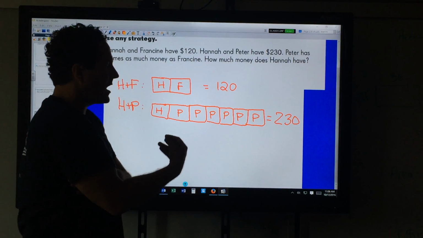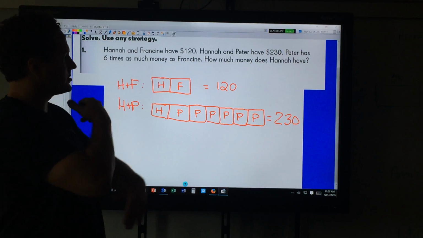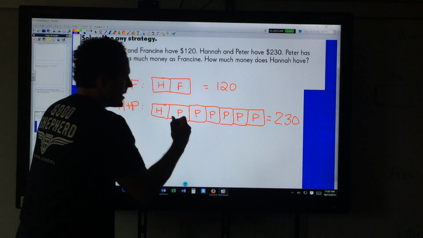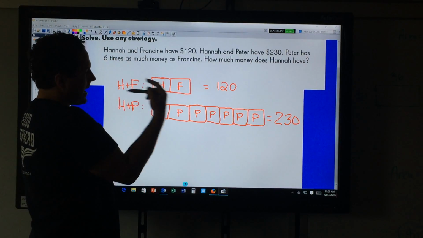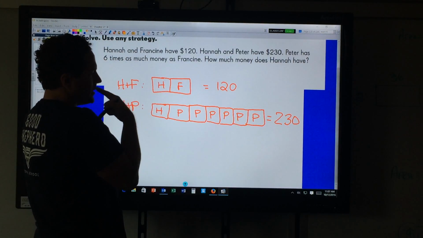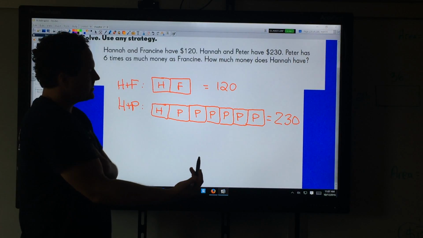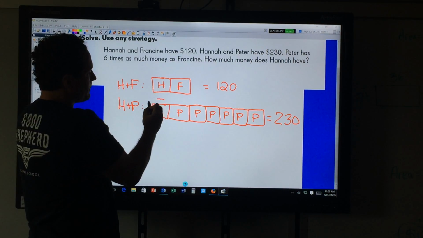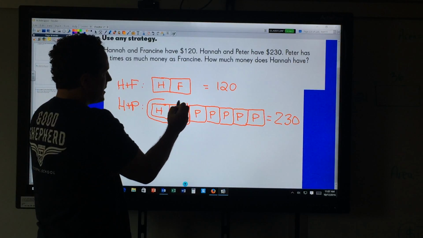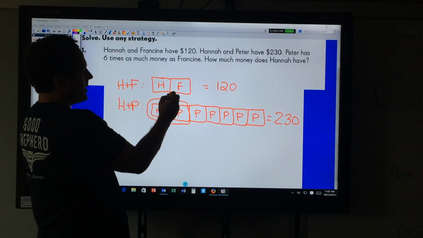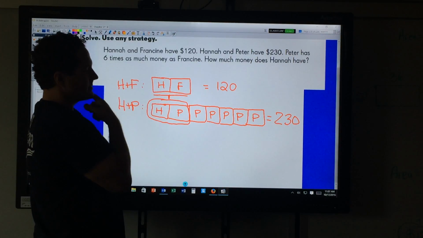Now I kind of have to zoom out and look and compare the two amounts. Hannah and Francine have 120. Hannah and Peter have 230. How can I use this information to unlock how much Hannah has? Well, I can do this by comparing Hannah and 1 of Peter's boxes is the same as Hannah and Francine.